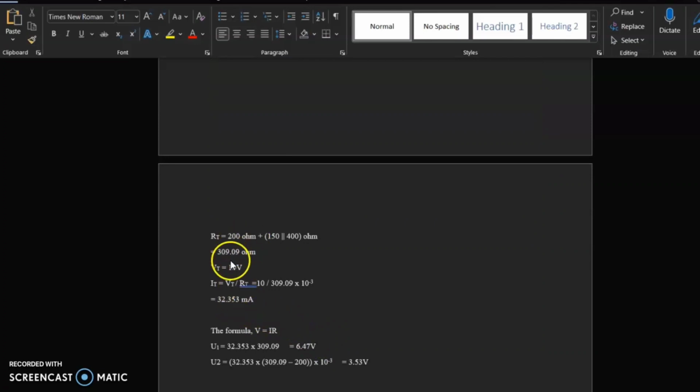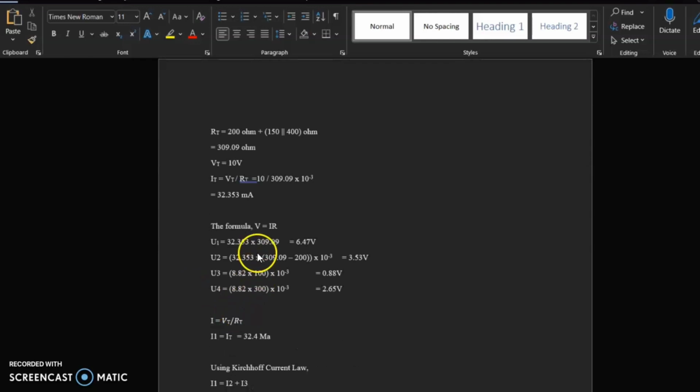So the value is 309.09 ohm. The total voltage is the same as the voltage source, 10 volts, and the total current is 32.35 milliampere. From the formula V equals IR, I will be equal to V over R.